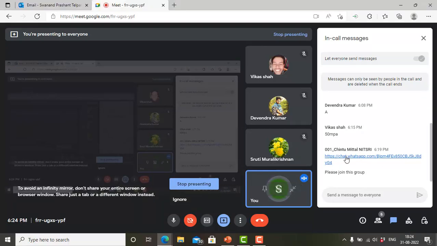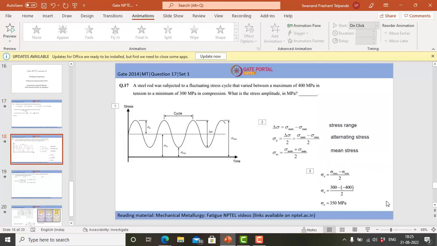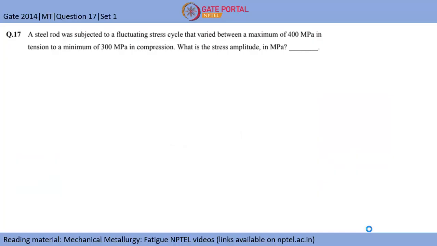True strain is 0.405 and change in length is 5 mm. So you have to find out the final length of the specimen. I will give you a couple of minutes more to solve it, then we will solve it.